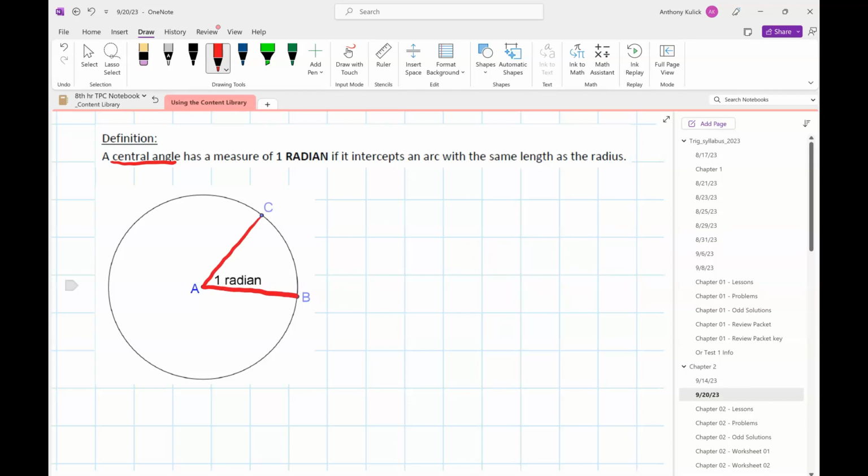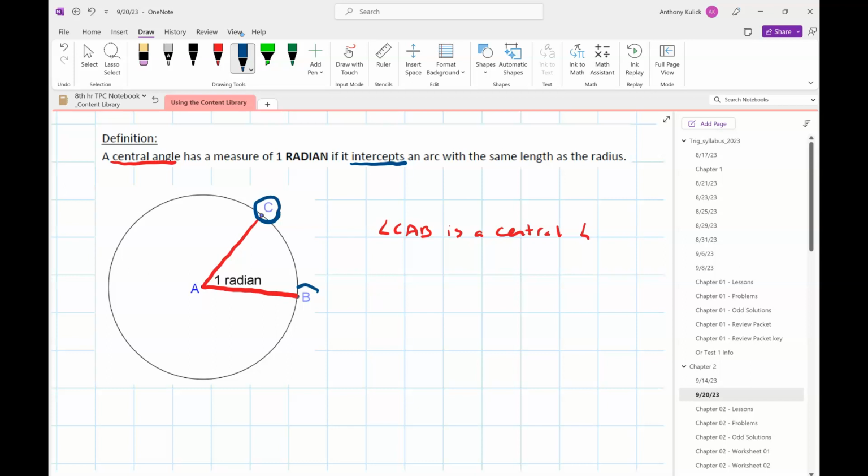So in this case, CAB is a central angle. When we say intercepts, that means intersects.